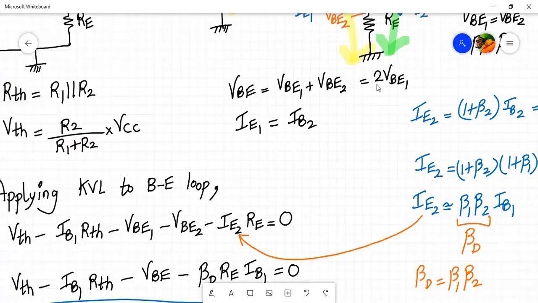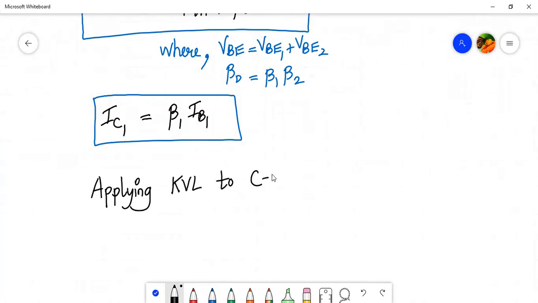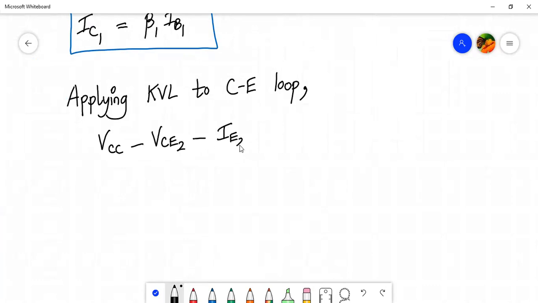So let me write over here, applying KVL to the collector emitter loop. What do we get? We get VCC minus VCE2 minus IE2 into RE is equal to 0. Okay, all right.